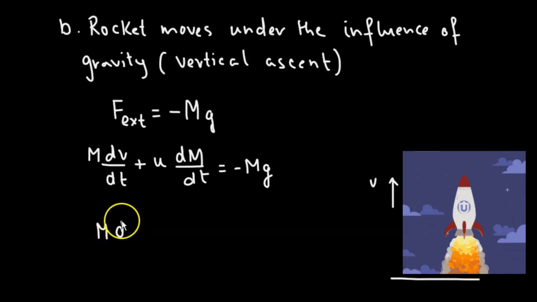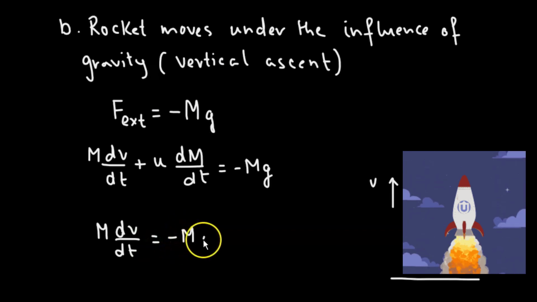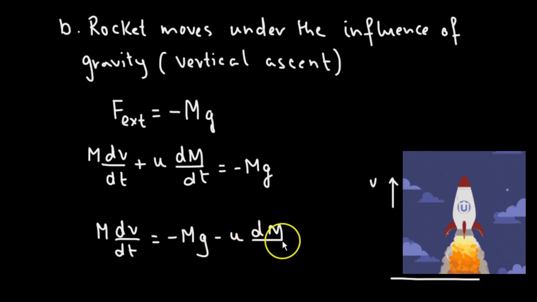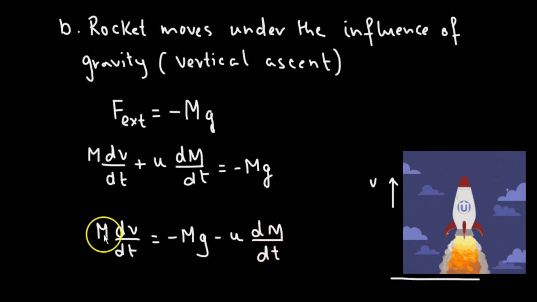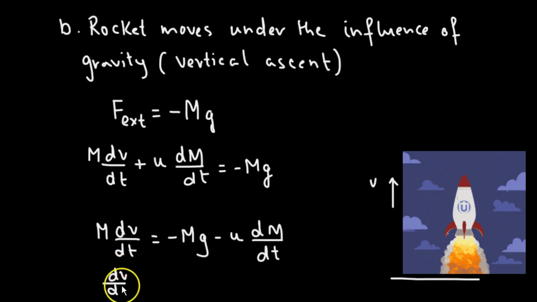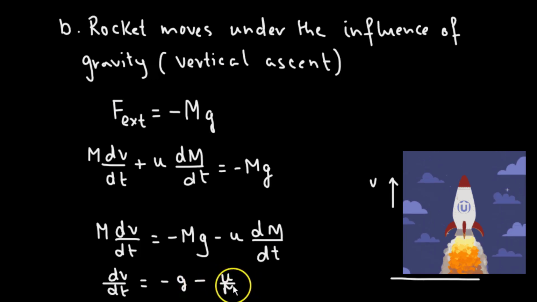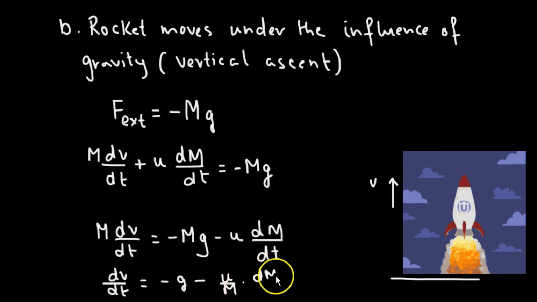That gives us m times dv over dt equals negative mg minus u times dm over dt. Dividing both sides by m, we have dv over dt equals negative g minus u over m times dm over dt.